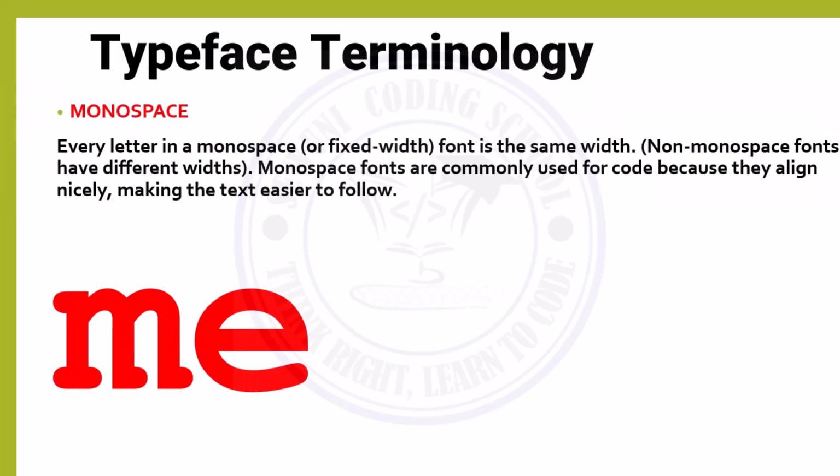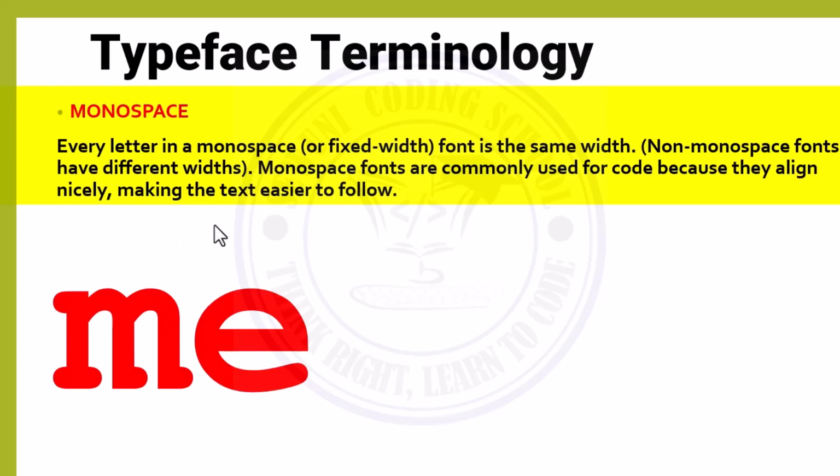Let's go to another typeface called the monospace. Every letter in the monospace has a fixed width. If you check, the thickness of all the letters is the same. They are also commonly used for code, and they align nicely.